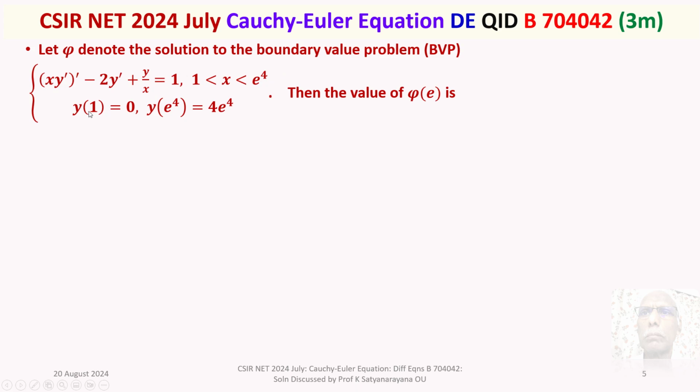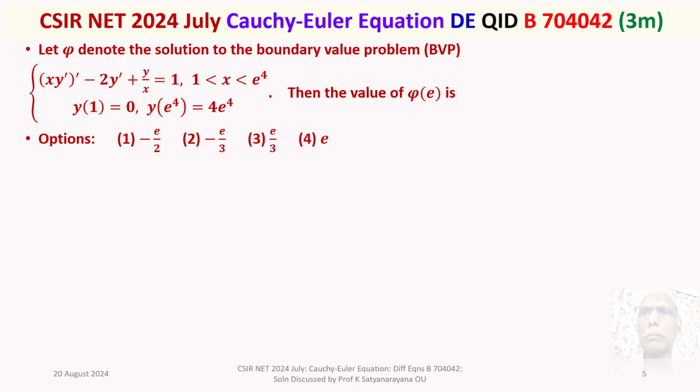The boundary conditions given are the value of y at 1 is 0, and the value of y at e to the power 4 is 4 e to the power 4. Then the value of phi of e is, we are given 4 options.